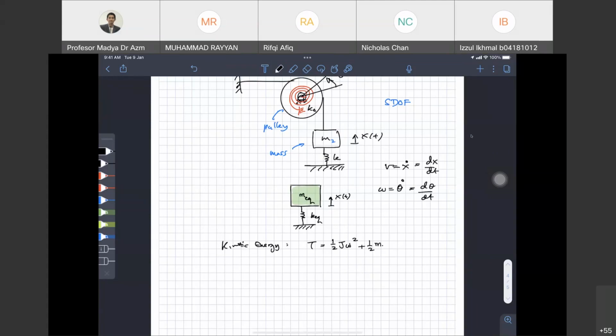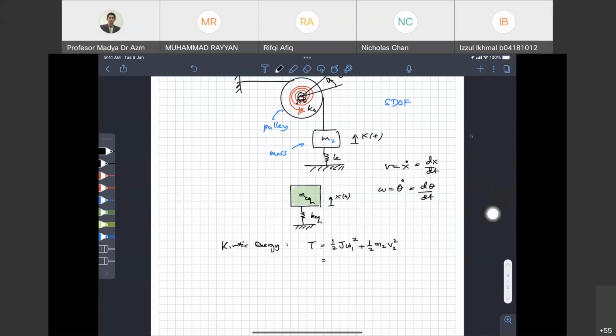So m2 times its velocity squared. Velocity means the velocity of m2. Let's say v2, and let's say omega 1. Okay, so this is kinetic energy.